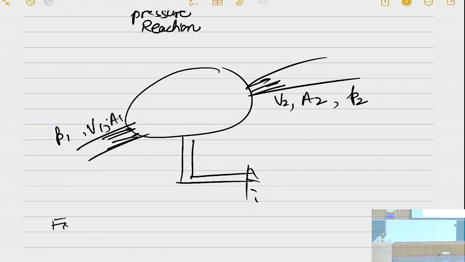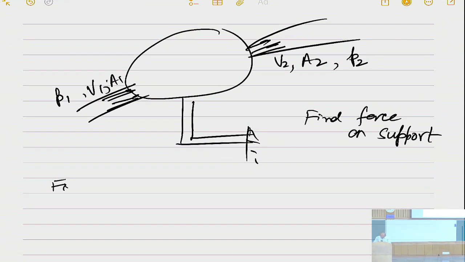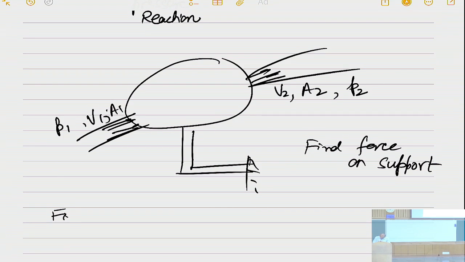So now here, if you have to find the force on the support here, how much force is coming on the support? I am illustrating some things. So suppose you have to now choose a control volume.